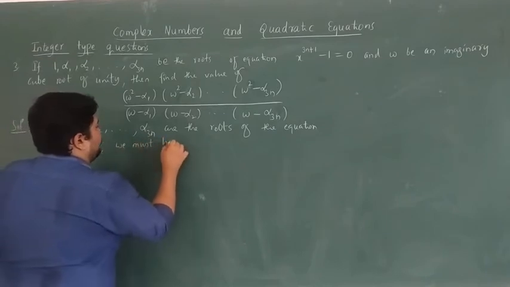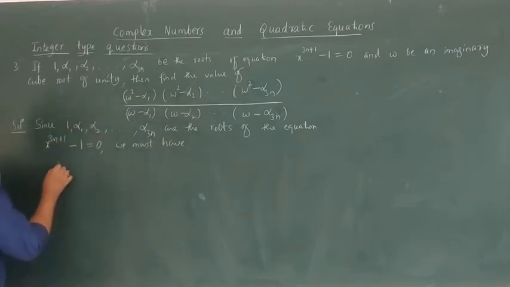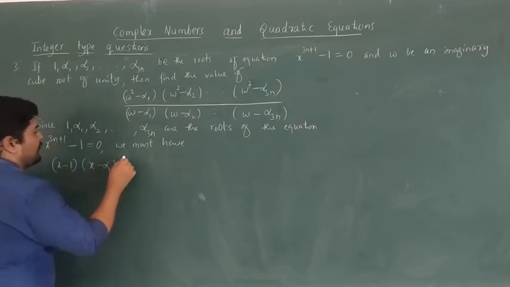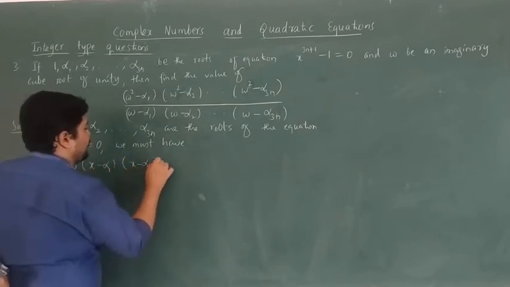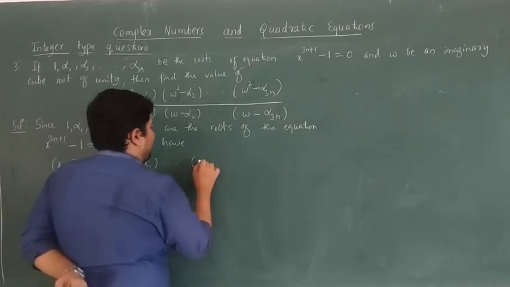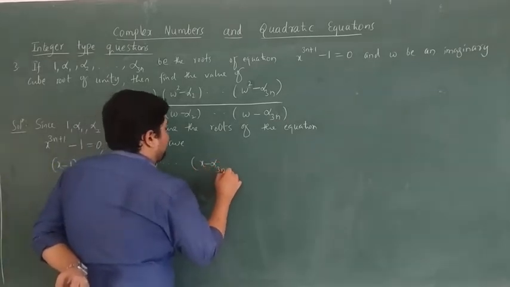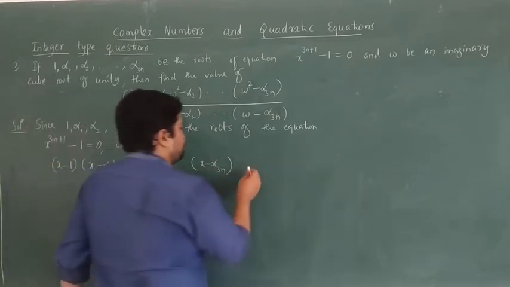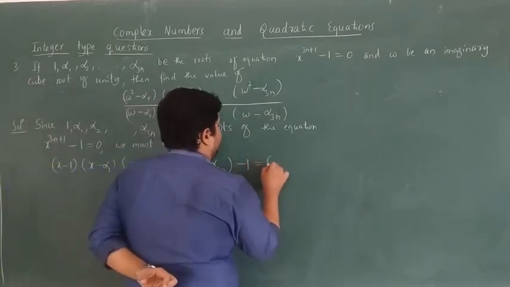We must have, what you must have? (x − 1)(x − α1)(x − α2) and so on up to (x − α3n). This expression minus 1 must be equal to 0.